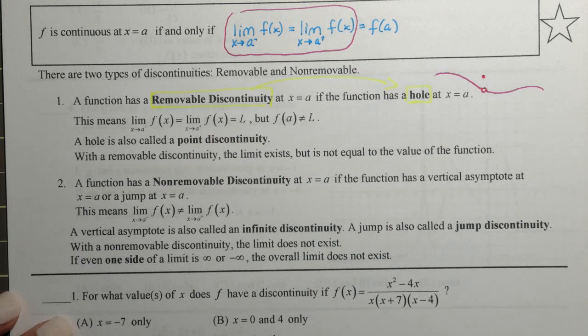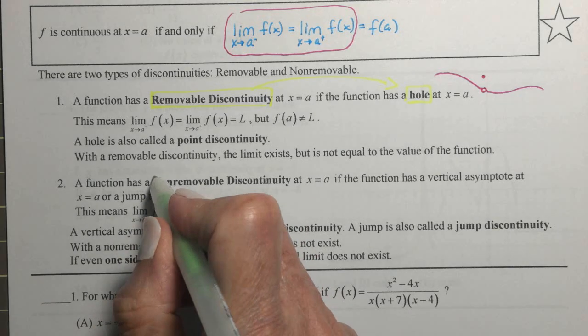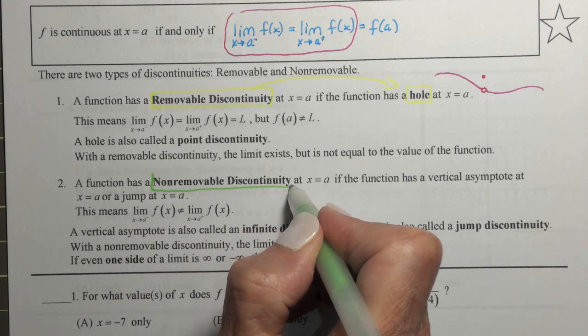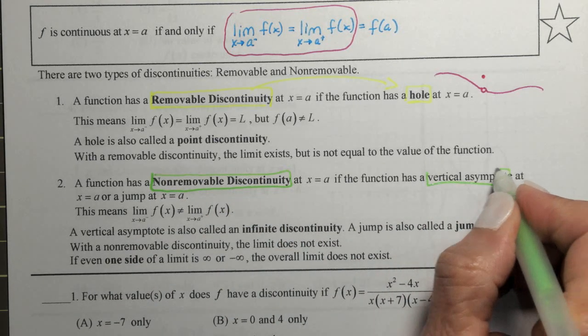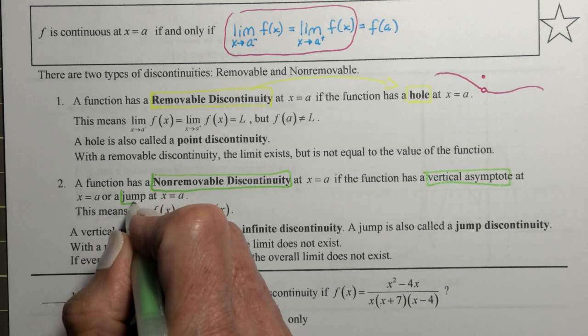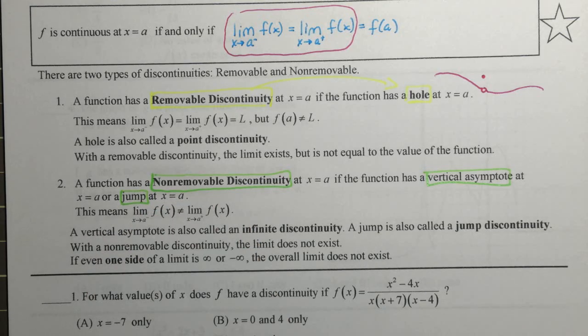All right? Next up, a non-removable discontinuity. Non-removable are the other two types of discontinuities. They are your vertical asymptotes and your jumps. Okay? So, for a non-removable discontinuity, the two one-sided limits are not equal to each other.